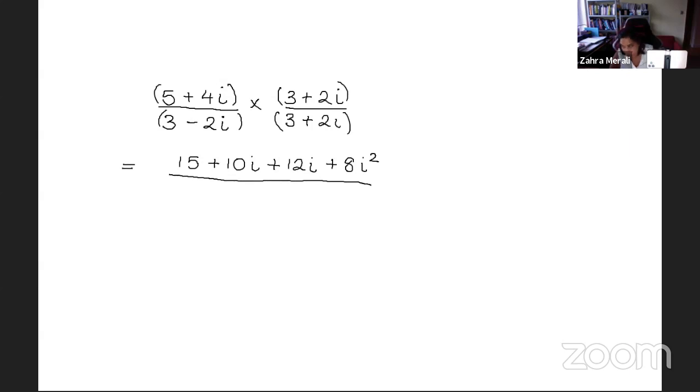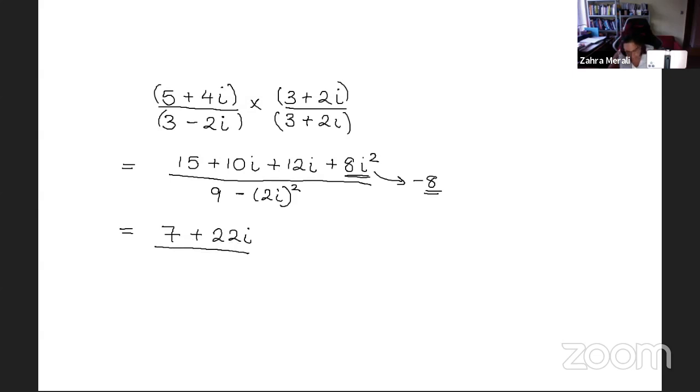And then here we've got the square of the first number, so 3 squared, which is 9, minus 2i squared. Okay, so we know this becomes minus 8 because i squared is minus 1. So we've got 15 minus 8, so we've got 7 plus 22i on the top.